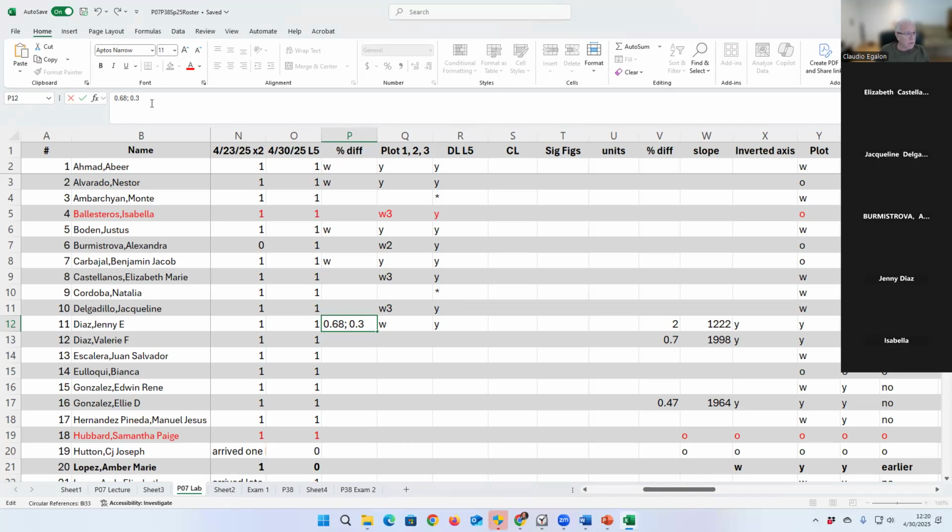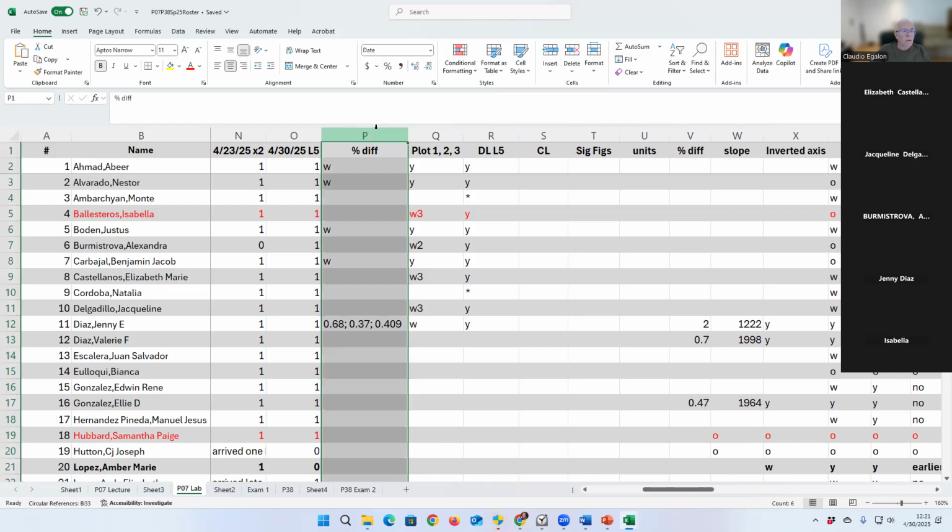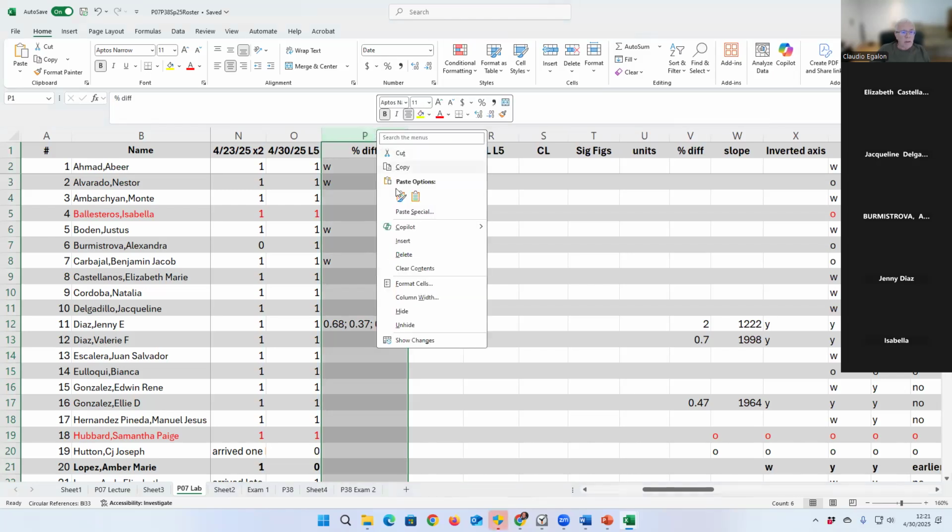Okay, 0.37, right? And the other one? And then the other one is 0.4090. Okay, 409, right? Yeah, like that. Okay, good. So you can see it's a very small percentage difference, right? Yes. Very small. Okay, so keep on doing the other things.